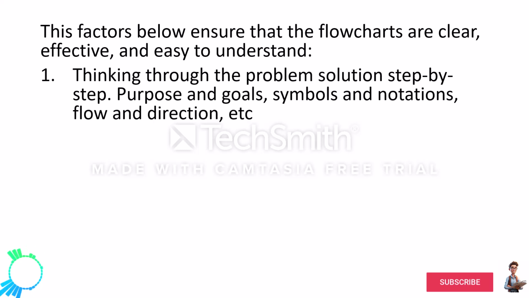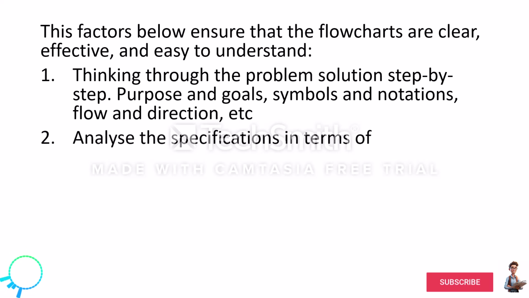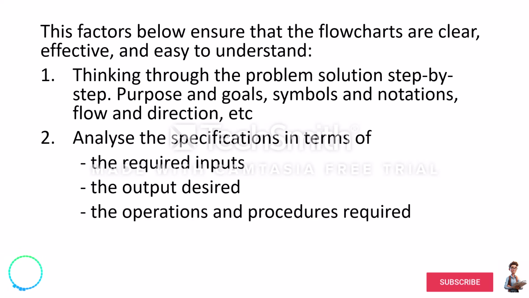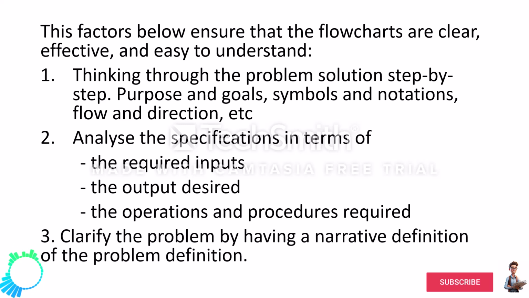Number 1, think through the problem solution step by step, that is the purpose and goals, symbols, notation, flow, and direction, etc. Number 2, analyze specifications in terms of the required inputs, the output desired, the operations and the procedure required. Number 3, clarify the problem by having a narrative definition of the problem.